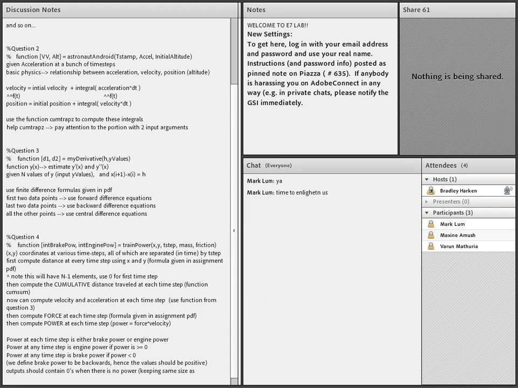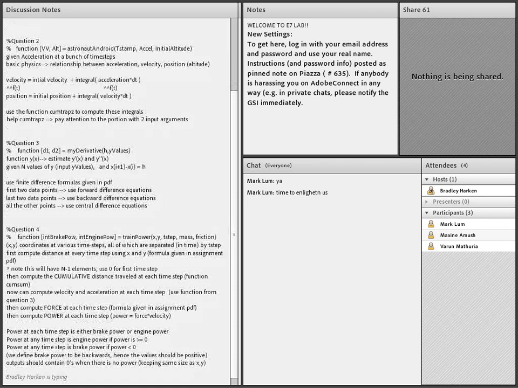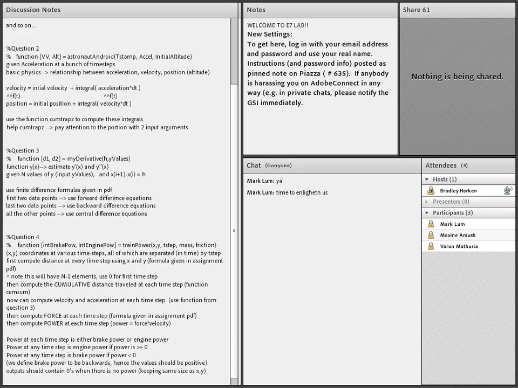We're starting with x and y, so we have a size for x and y. Distance will be the same size. The displacement, or s, will be the same size as that. V and a will be the same size as that. Force and power. So all of these arrays need to be the same size. So just keep that in mind when you are taking your array of calculated power and separating it into brake power and engine power.